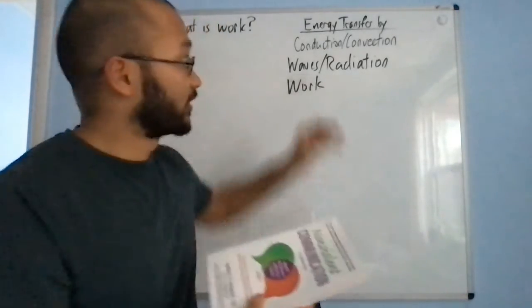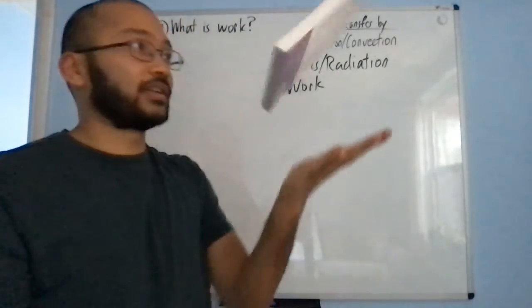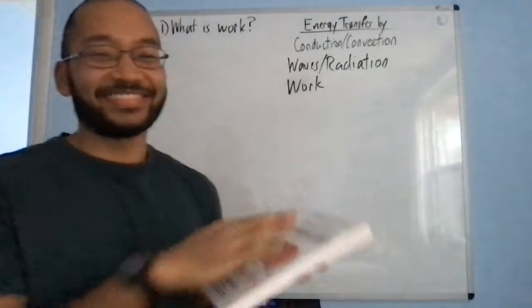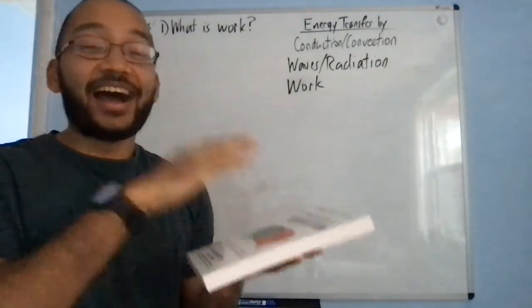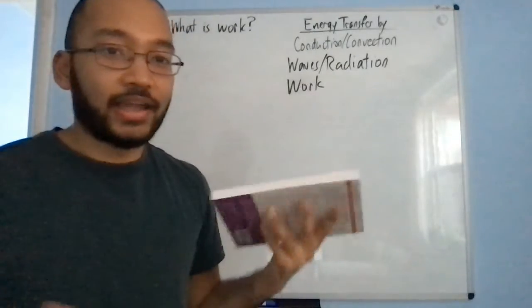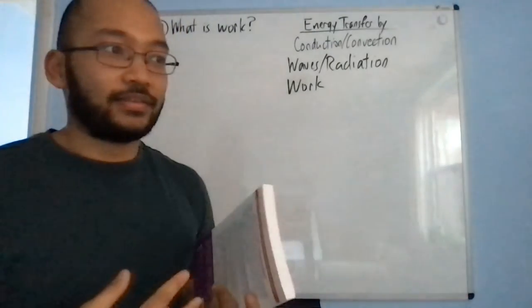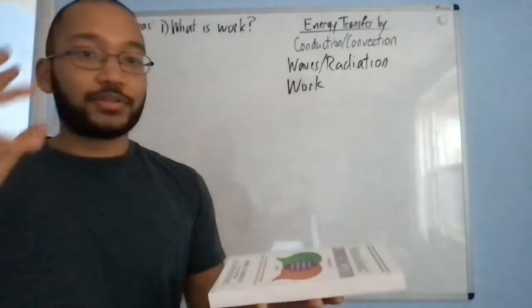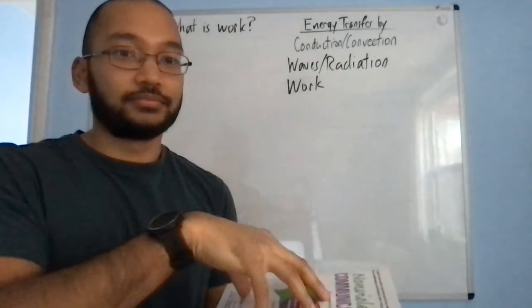Well, I can do one of these two things, or I can exert a force on it. When I exert a force on it, I'm accelerating it, I'm giving it kinetic energy. And that's really what work is. It's energy transfer by an external force.